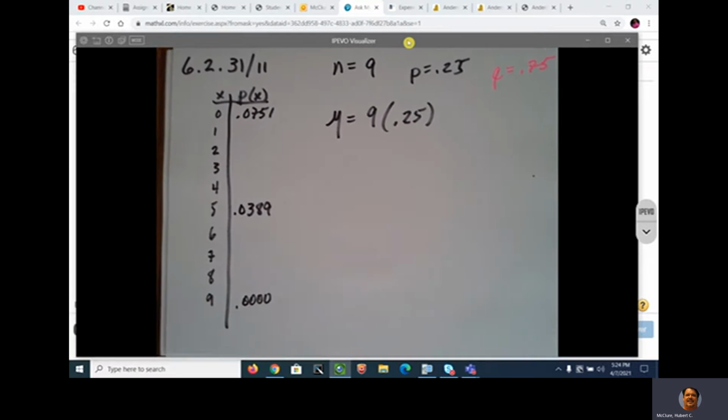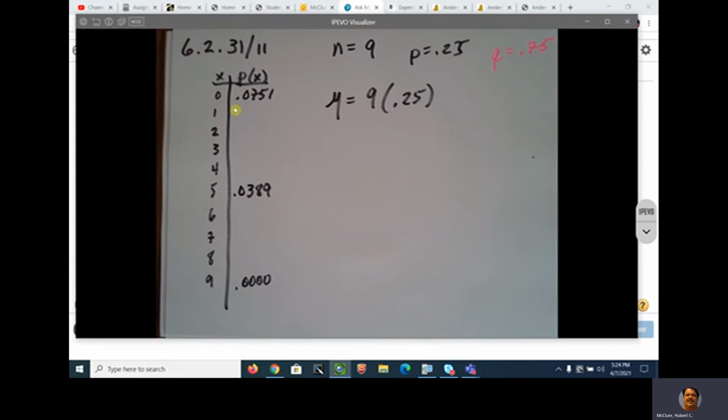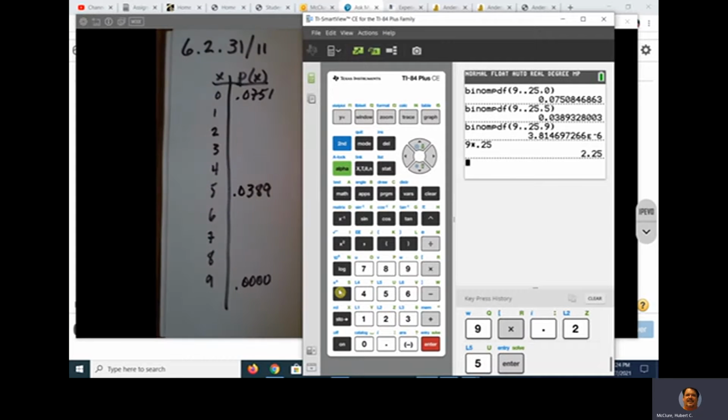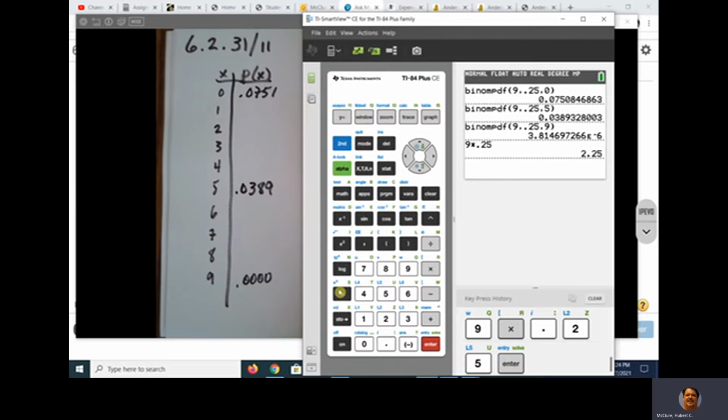I can't do it in my head right now. So let me just do it. 0.9 times 0.25. I was thinking it would be 1.845, but I don't think that's right. 2.25. So mu is equal to 2.25.